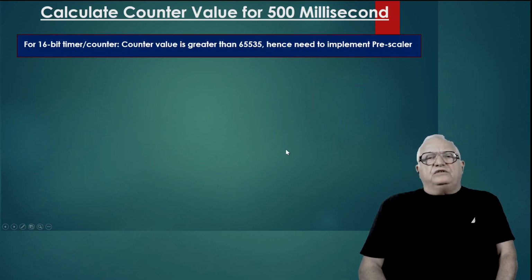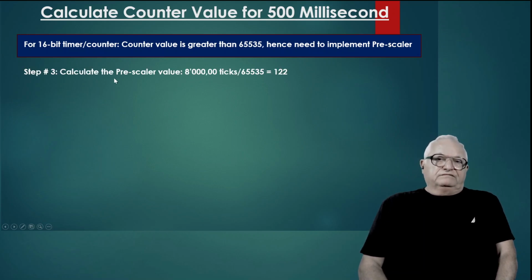Now let's continue our calculation for the 16-bit counter. The 16-bit counter can hold a counter of 65,535. Therefore, we are going to have to use a prescaler also for the 16-bit timer.